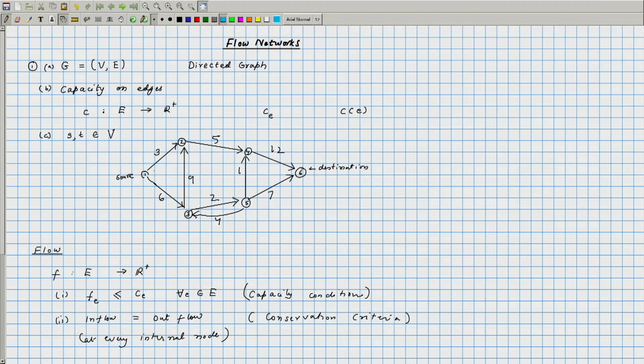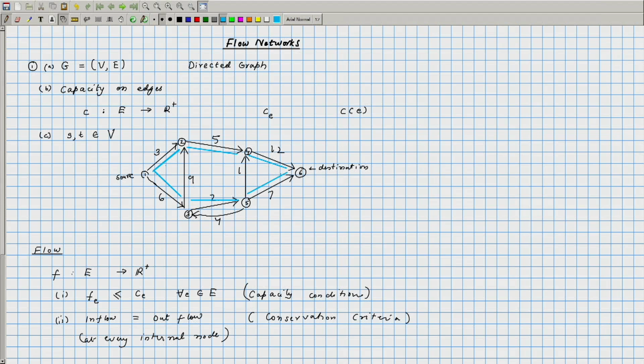So, let us say I have one unit flowing from 1 to 2, and this is also 1. So, all my flows are going to be of unit size, and that will be indicated by a blue line. If I look at this flow, you can verify that at every node the incoming flow is equal to the outgoing flow, because one unit is coming in and one unit is going out.